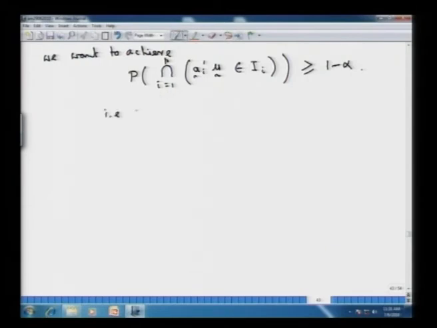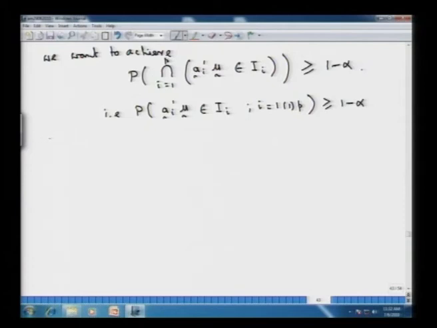This alternatively can be written in the following form: the probability that a i prime mu belongs to I_i, for i equal to 1, 2 up to p, for all these linear parametric functions a i prime mu, is greater than or equal to 1 minus alpha. This basically is going to give us the confidence region for each of these p linear combinations of the mean vector mu, and we will ensure that this probability is at least 1 minus alpha.